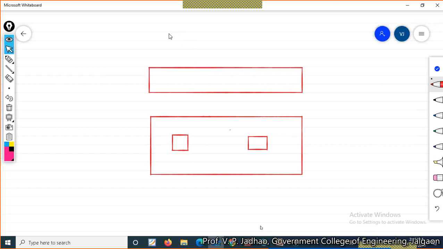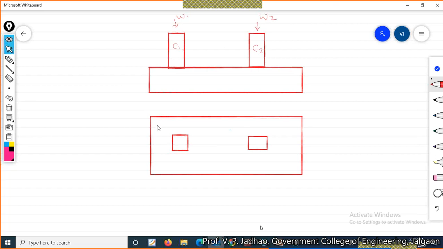This column C1 will be here, and again this column C2 will be here. So load W1 will be acting here, and some load W2 will be acting here. Consider this is column C1 and this is column C2.